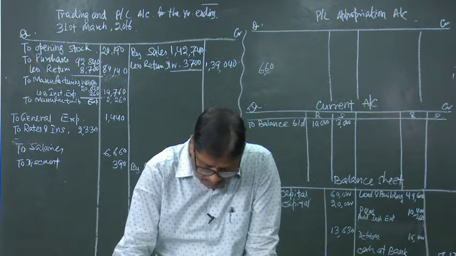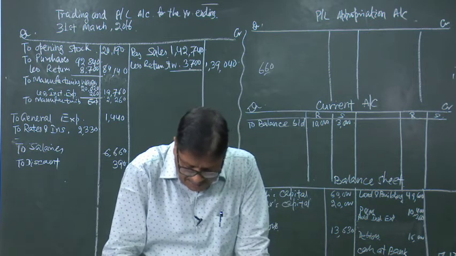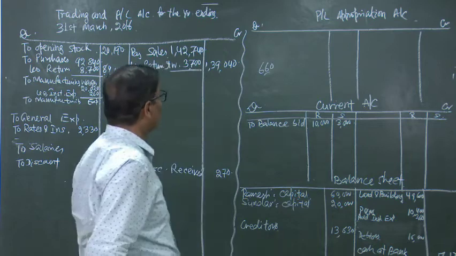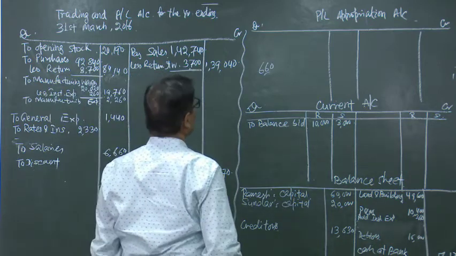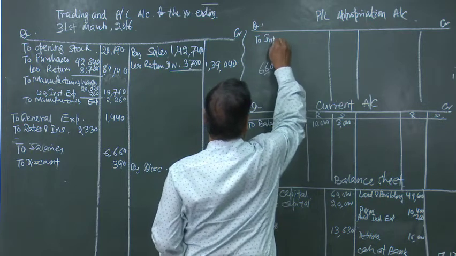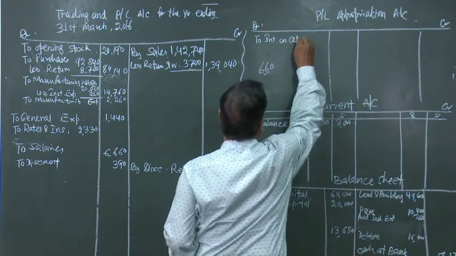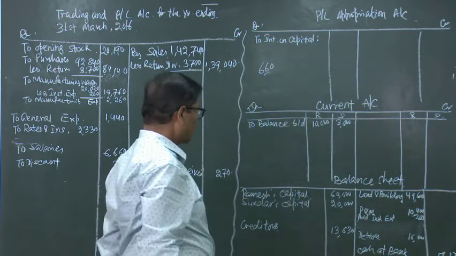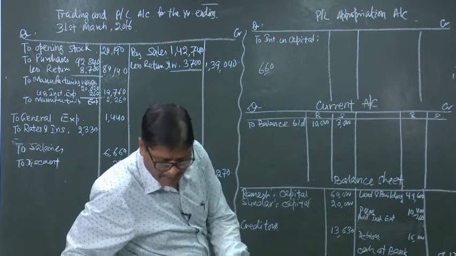Then the partners are entitled to interest on capital at 5% per annum. So, when interest on capital is there, it will be to interest on capital at the rate of 5%.